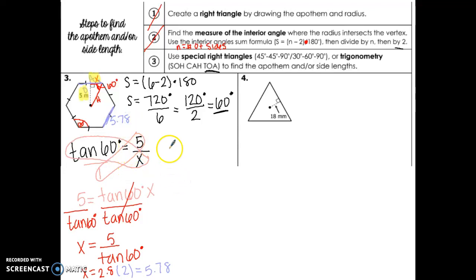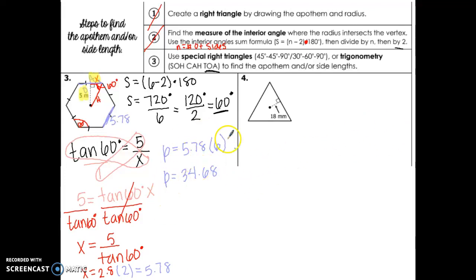That does come in handy to us when we find our perimeter. So our perimeter is all these sides added up, or it is all those sides multiplied by the number of sides. So in this case, that would be 5.78 multiplied by 6, because we have 6 sides. And our perimeter actually ends up being 34.68.